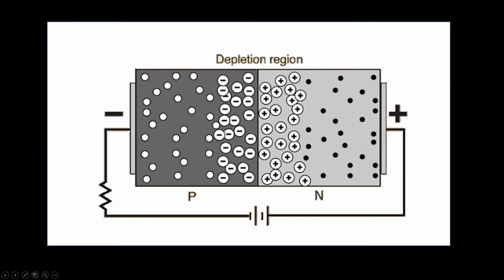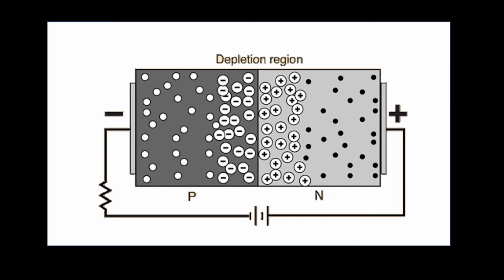Suppose we apply an electric current where the positive side is connected to the n-type silicon and the negative side is connected to the p-type silicon. We know that electricity flows from negative to positive. That is, electrons are released from the negative terminal and flow towards the positive terminal.